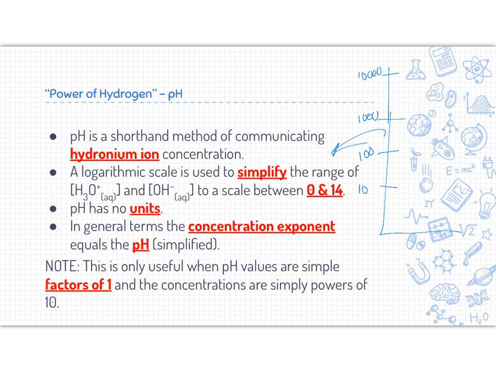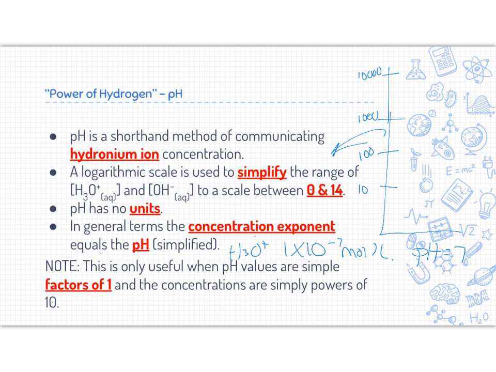The measurement of pH has no units, yay. And in general, the concentration exponent equals the pH. So when we had something like this for the concentration of H3O+, we can say that the pH is 7.